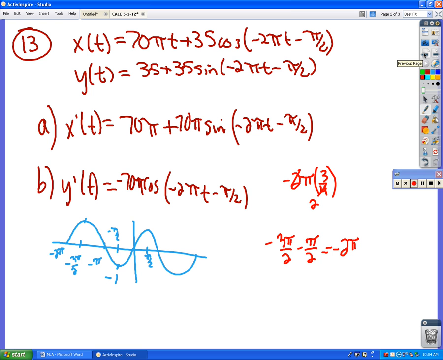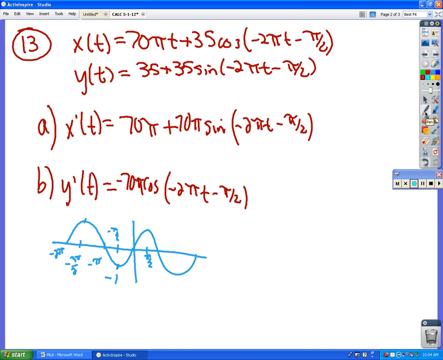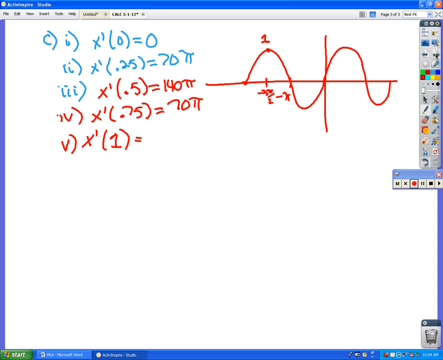So if I plug in 1 into here, negative 2 pi minus pi over 2 is negative 5 pi over 2. So I have to figure out the sine of negative 5 pi over 2.